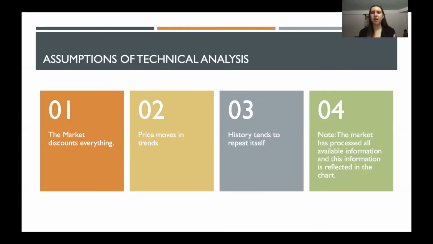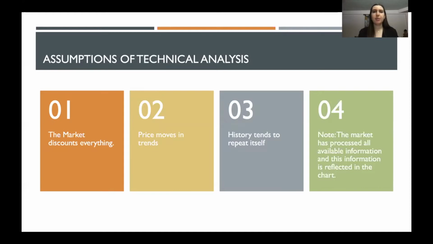The price really should be reflecting everything, as well as supply and demand. Technical analysis is very widely used, and with that brings the assumption that the price reflects the supply and demand efficiently, as everyone's kind of following the same methodology. So it really is congruent with the efficient markets theory from economics.